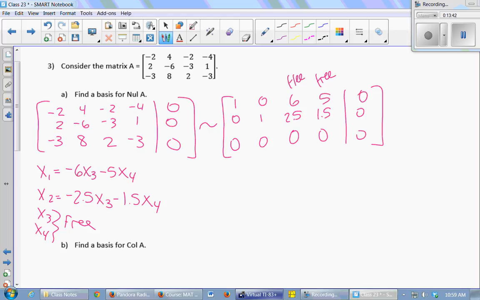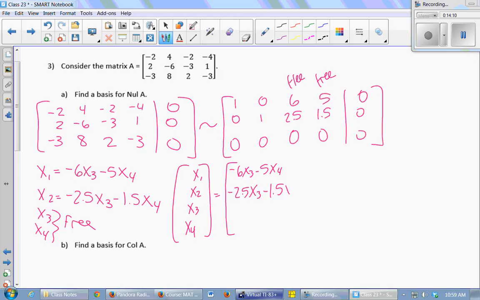So I want to write this general solution set using my free variables as weights on a set of vectors. So a typical solution, x1, x2, x3, x4, is going to look like, well, x1 is negative 6x3 minus 5x4, and x2 is negative 2.5 x3 minus 1.5 x4. x3 is free, so I'll just put x3, and x4 is free.